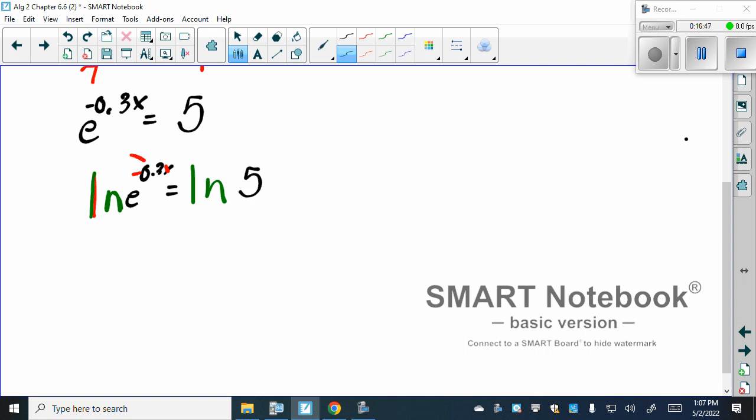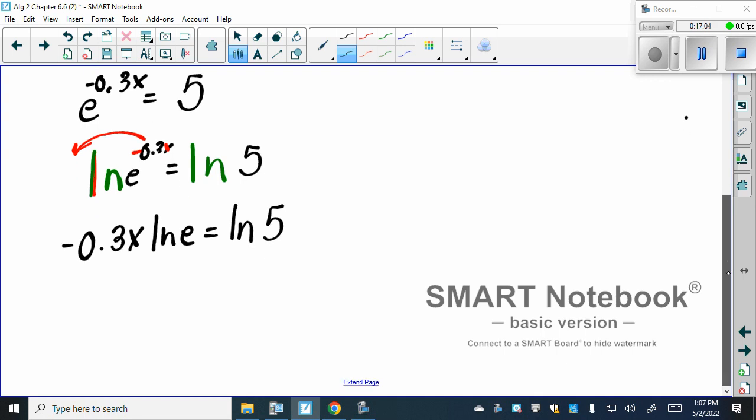Now our negative 0.3x will move out front, which would give us negative 0.3x times the natural log of e is equal to the natural log of 5. Now the natural log of e is 1. That simplifies to 1, telling us negative 0.3x is equal to ln of 5.